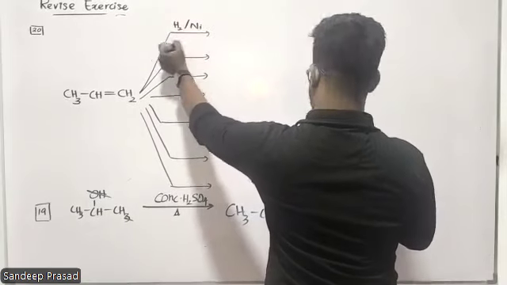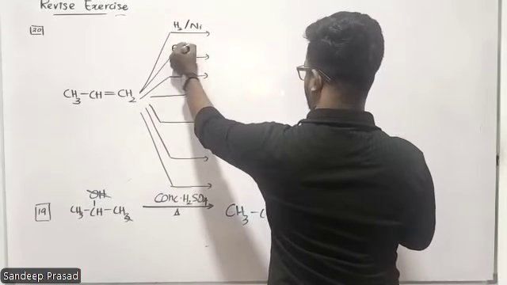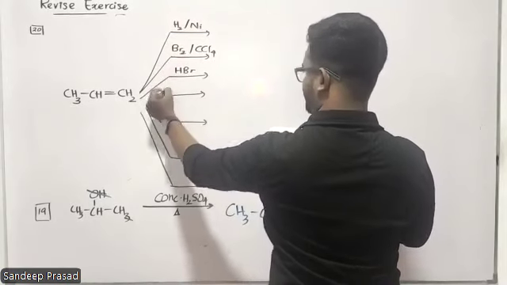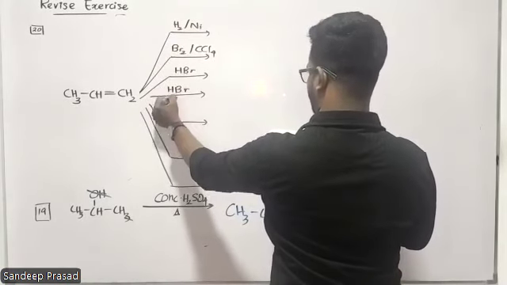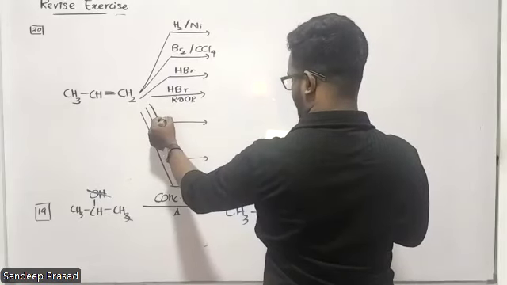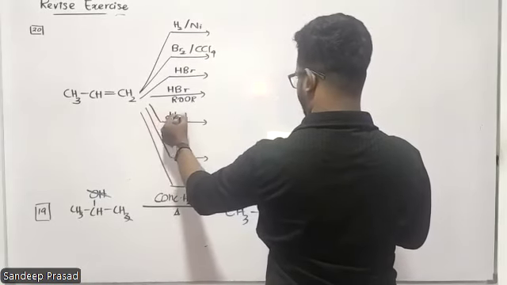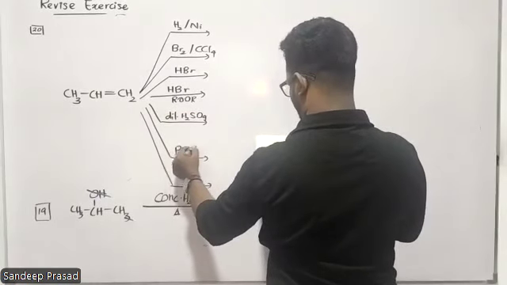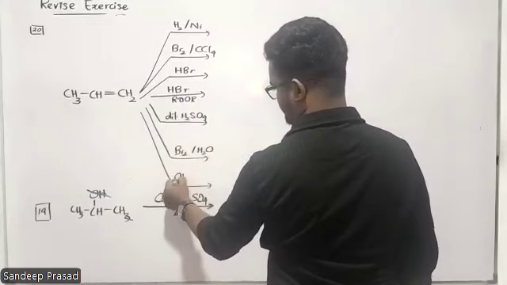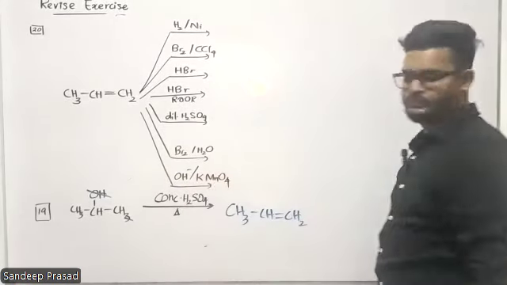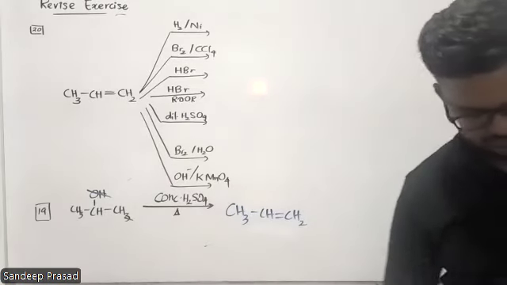Hydrogen with nickel, Br2 in CCl4, HBr, HBr in peroxide medium, diluted sulfuric acid, bromine water, OH minus KMnO4. Okay, complete the reactions.